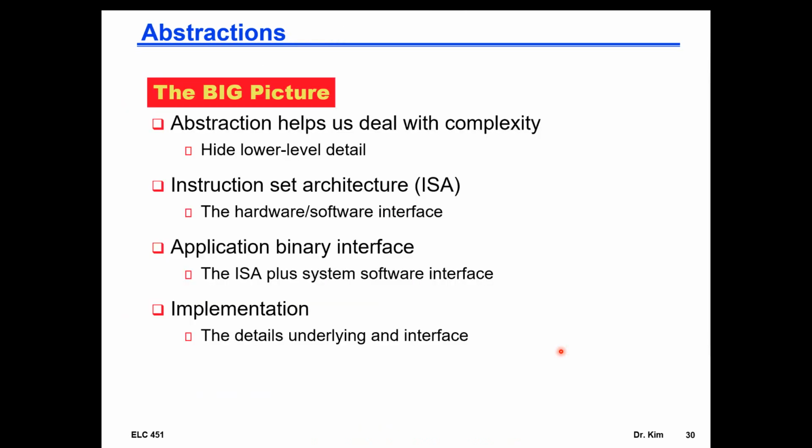All right, so just to reiterate and remind you, abstraction helps us deal with that complexity. We hide the lower level of details. Instruction set, very important. Going to talk about instruction set a lot in chapter 2. That's how we abstract that processor to the programmer. We tell the programmer, this processor, no matter how complex it is, and no matter how we have implemented that complexity, it performs this set of instructions.